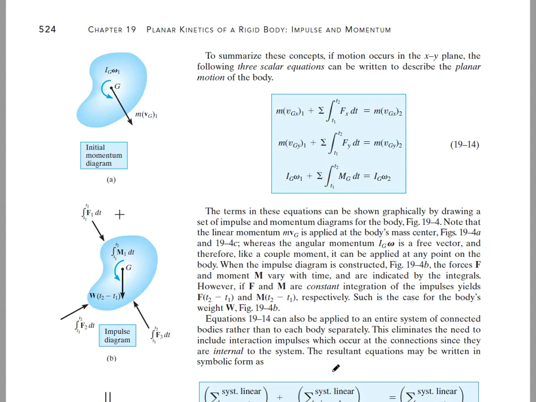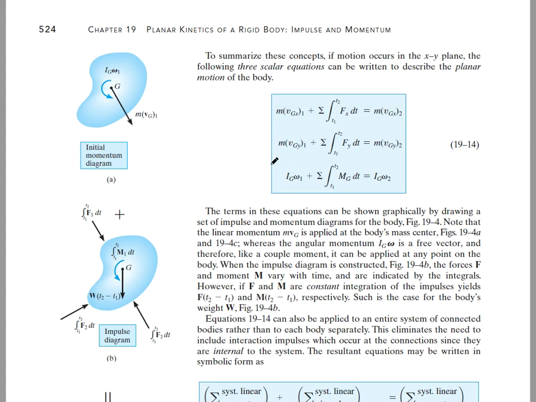The two equations, which are vector equations, can be stated in two dimensions as: initial linear momentum of the body plus the sum of impulses of the forces acting upon the body equals its final linear momentum along the x-axis, and likewise for the y-axis.